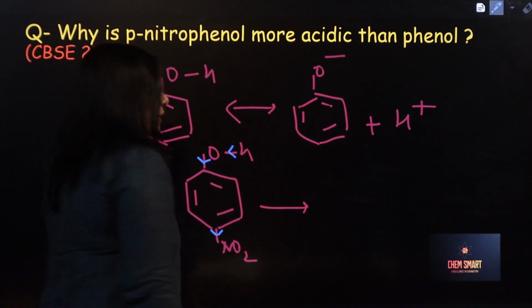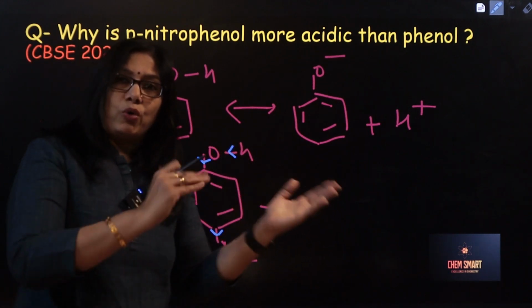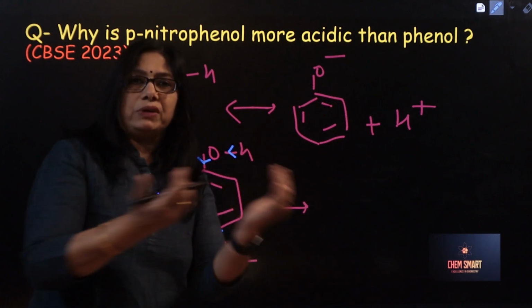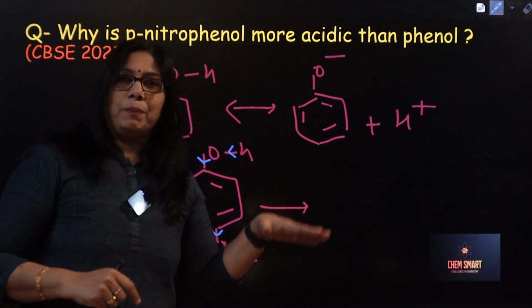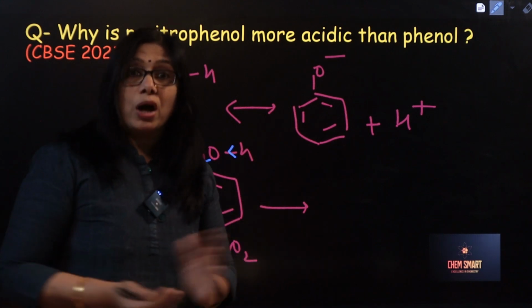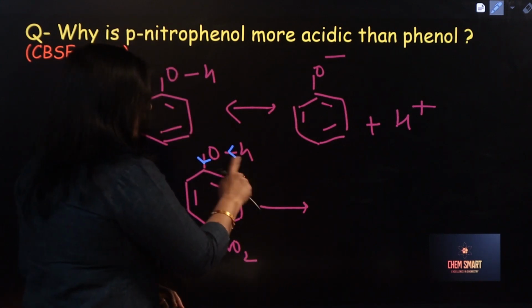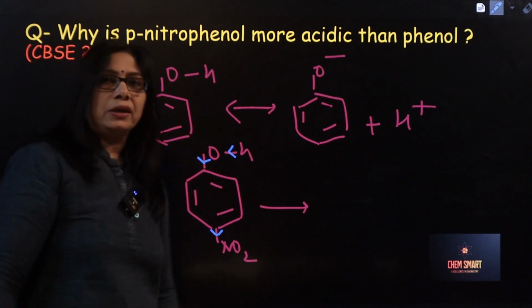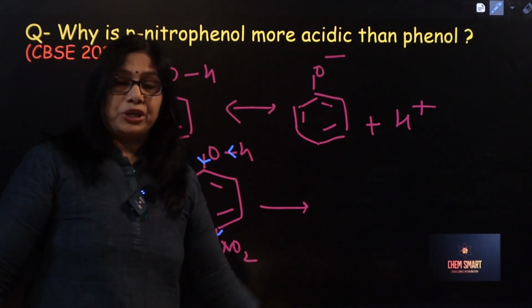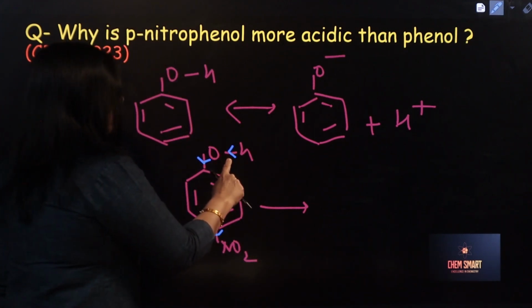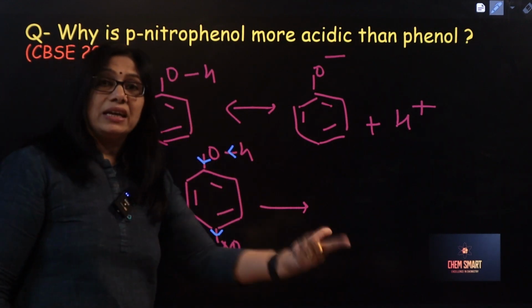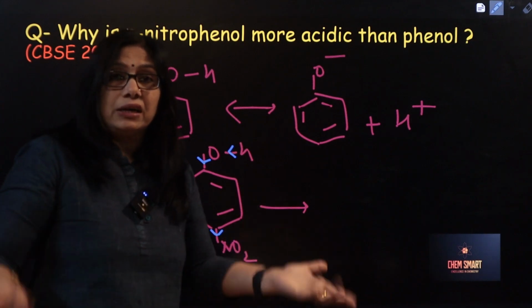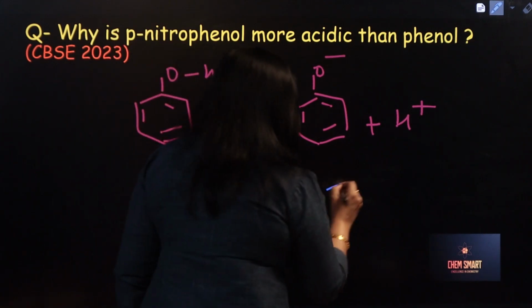That means from the OH bond area, electrons are being withdrawn. When electrons are withdrawn, the bond will become weaker and more polar. It can easily break compared to the OH bond in the normal phenol, which is not substituted. So this bond will be more polar than this bond, and can get easily cleaved to give out H plus.